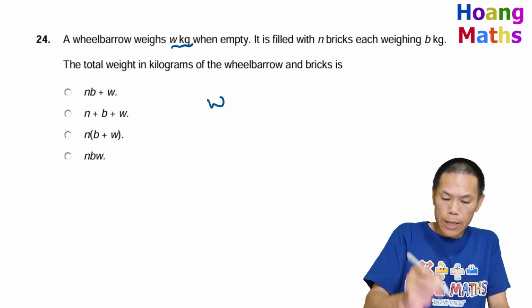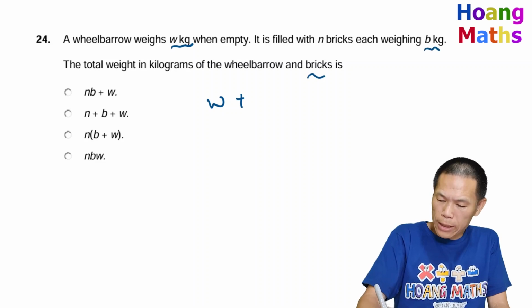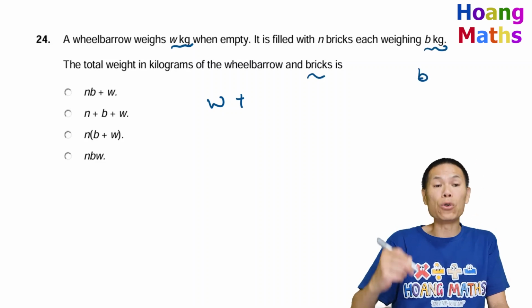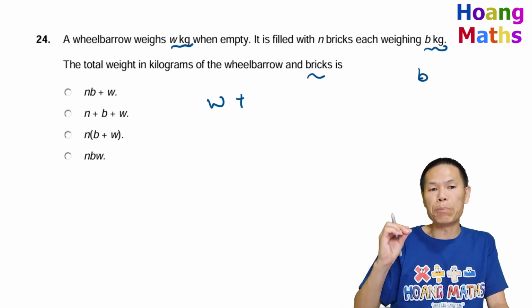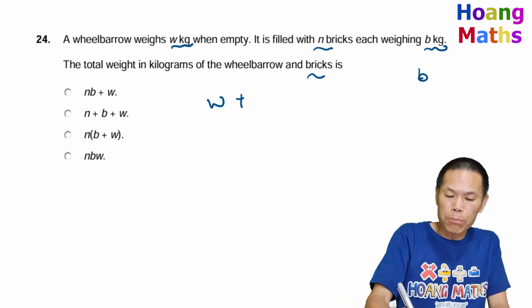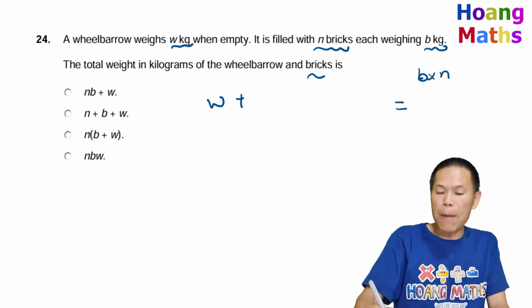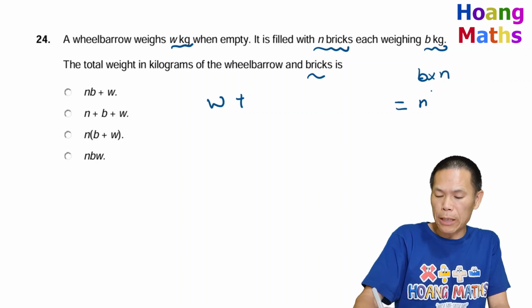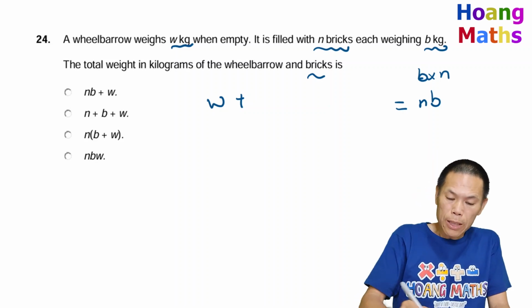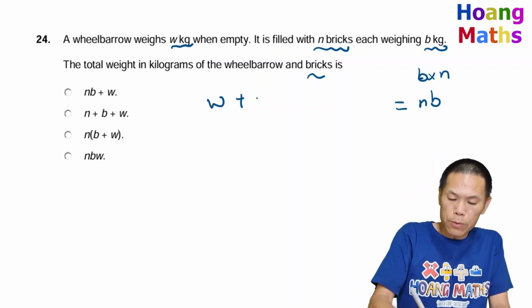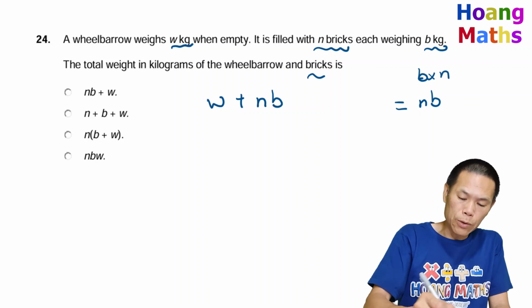Then we add the bricks. 1 brick will weigh this much, B. Therefore, 2 bricks will be 2 times B. 3 bricks will be 3 times B. But in this case, N bricks, so we just times by N. So B times N will be NB, or BN, doesn't matter. So we add that on top. So W plus NB. So there you go.